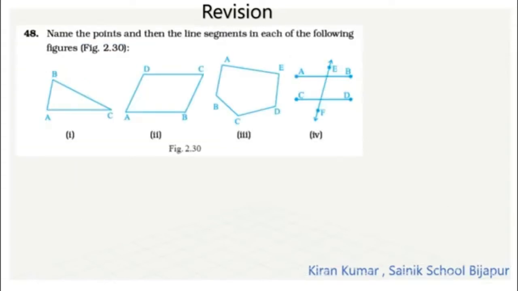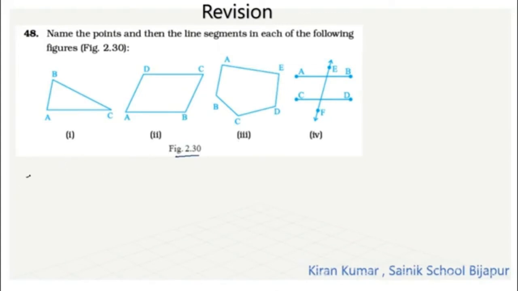Question number 48. Name the points and then the line segments in each of the following figures. Figure 2.30. In figure 2.30 there are 4 figures.